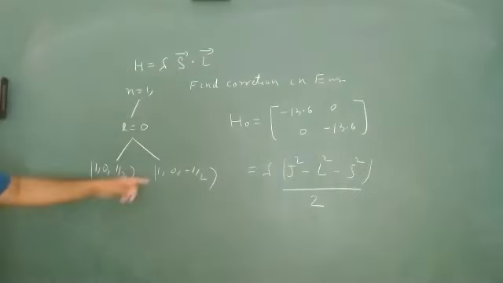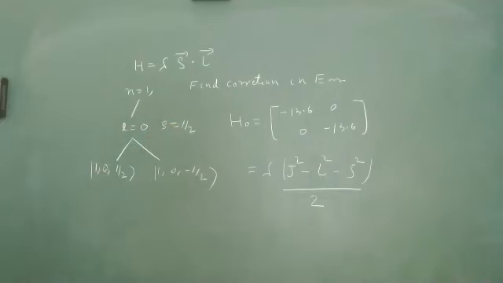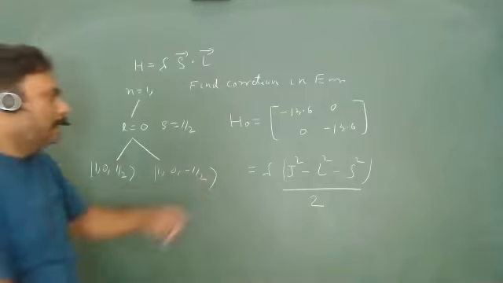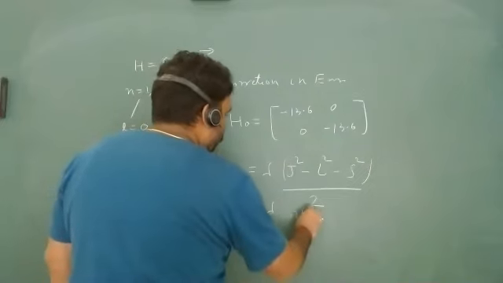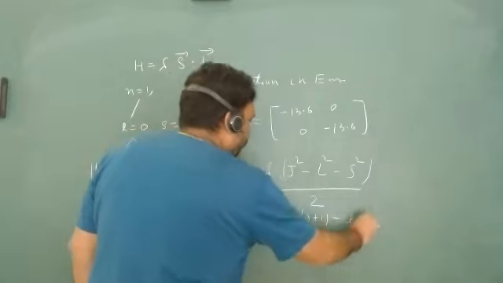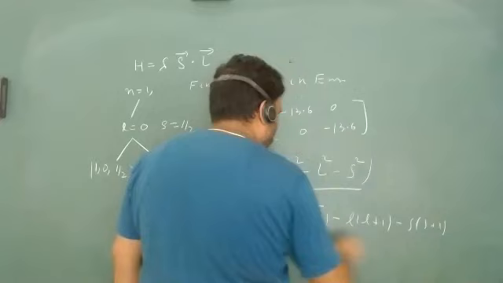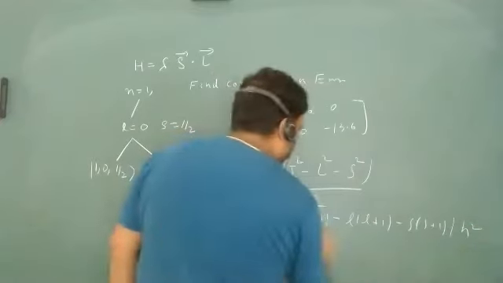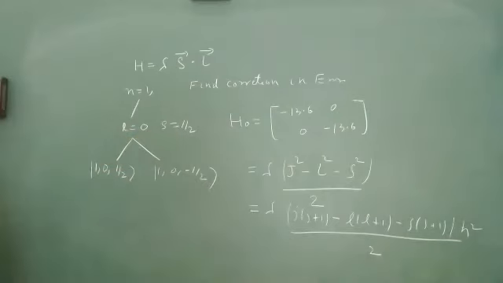So the eigenvalue will be J into J plus 1 minus L into L plus 1 minus S into S plus 1, times h cut square by 2. Now L is equal to 0, S is equal to half. What will be the value of J? 1 by 2.